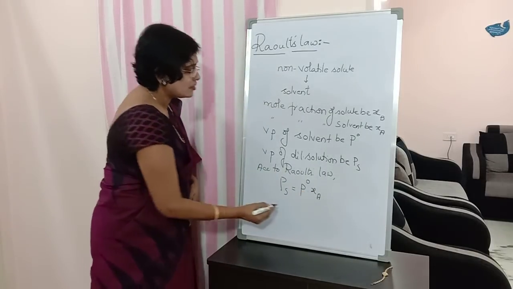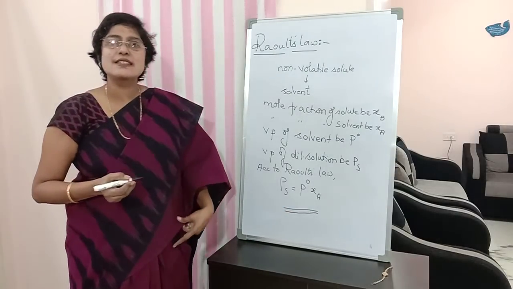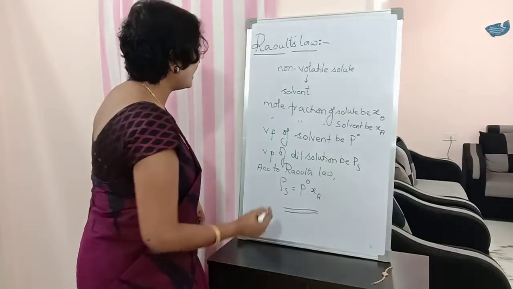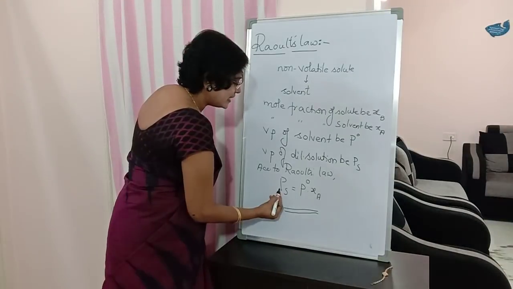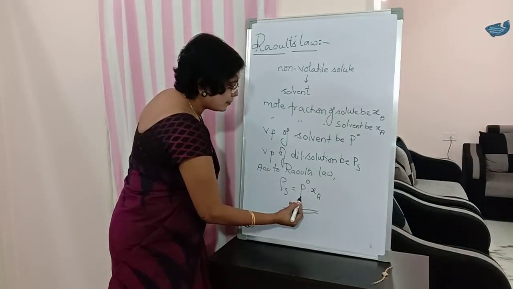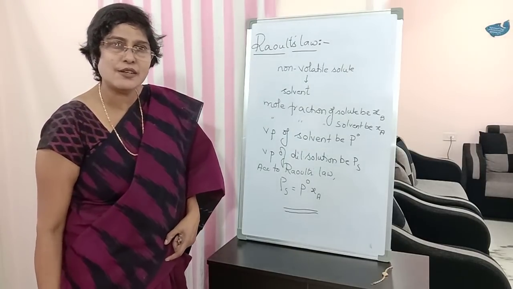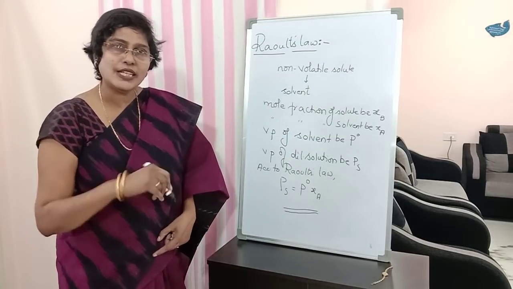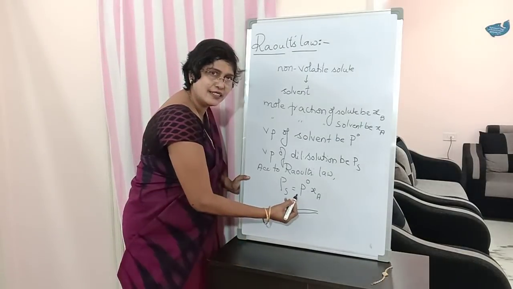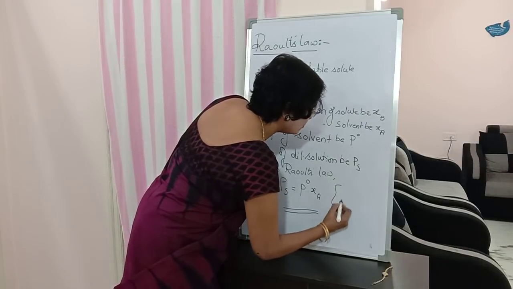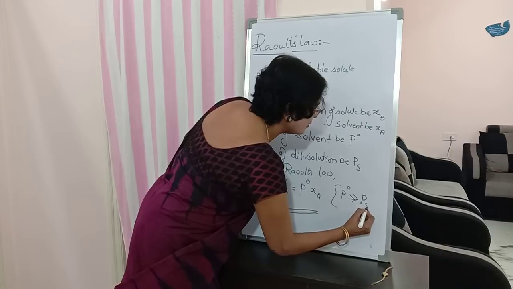So Raoult's law states that PS, which is the vapor pressure of dilute solution, is equal to the vapor pressure of solvent multiplied by the mole fraction of solvent. What did we learn? We have learned that PS is less than P naught, or P naught is much greater than PS.